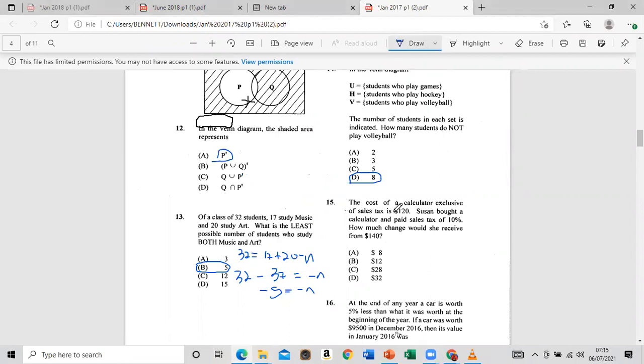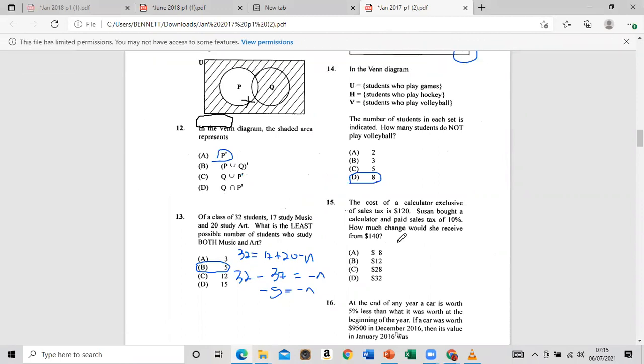Alright, guys. Back to our original now. The cost of a calculator exclusive of sales tax is 120. Susan bought a calculator and paid sales tax of 10%. How much change would she receive from $140? Now, exclusive means it's not included.